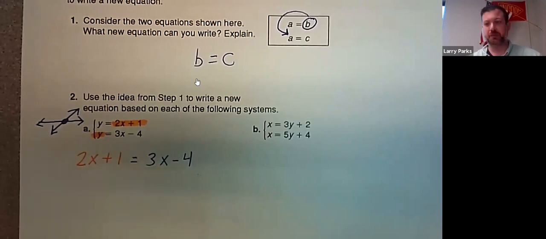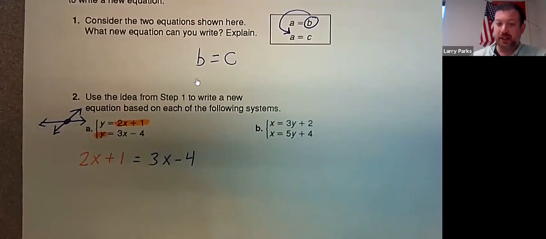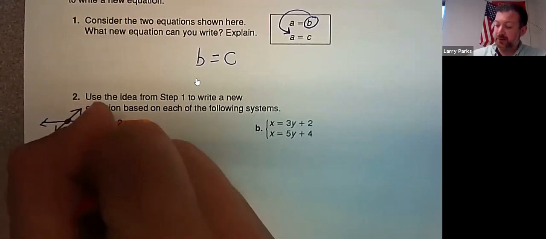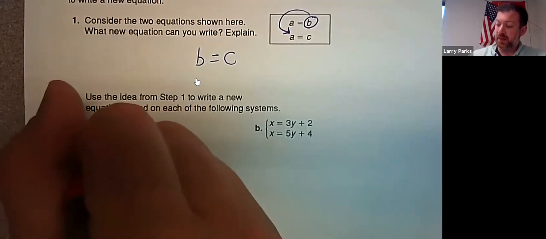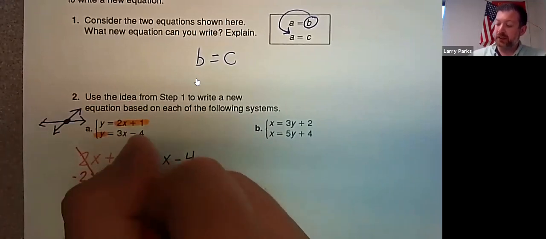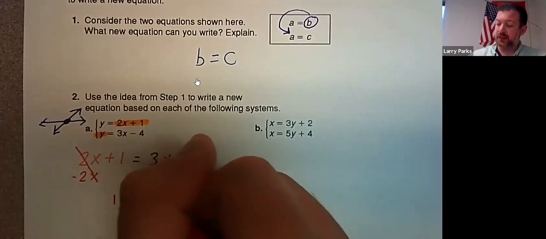And so I'm going to go through this part a little faster so we can focus on the important skill. But from here to solve this, there's many different ways. Probably the way I would do it is take away 2x from both sides. And then I get 1 equals x minus 4.